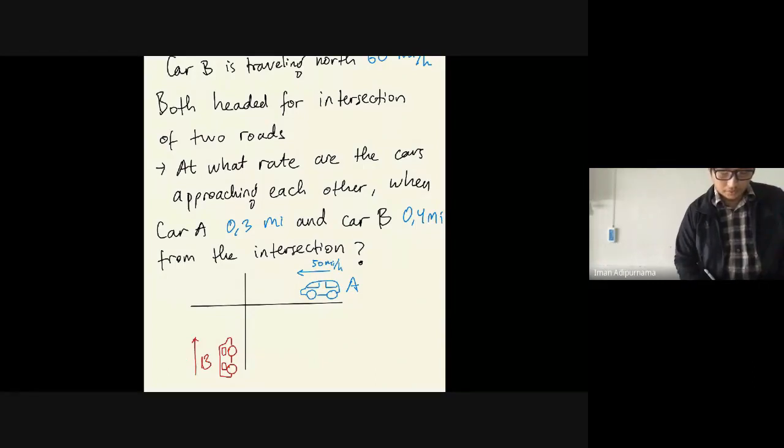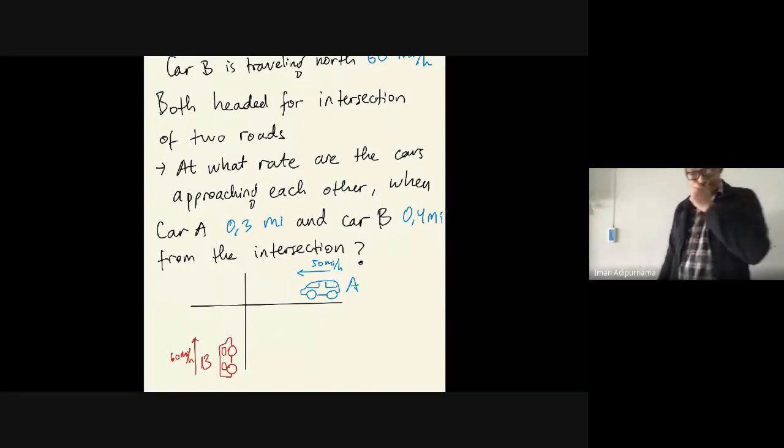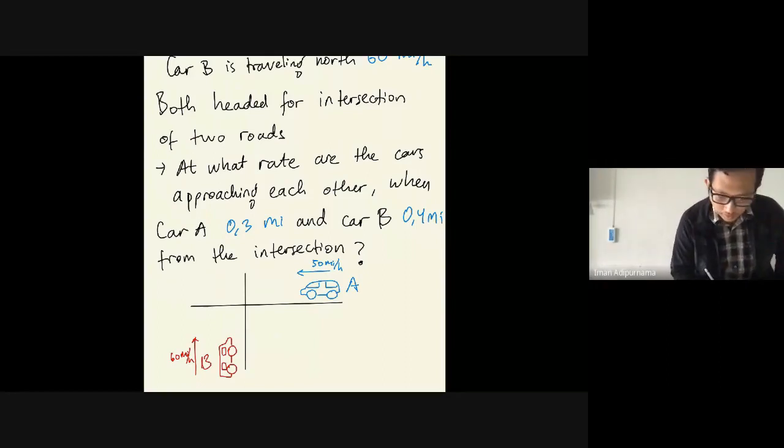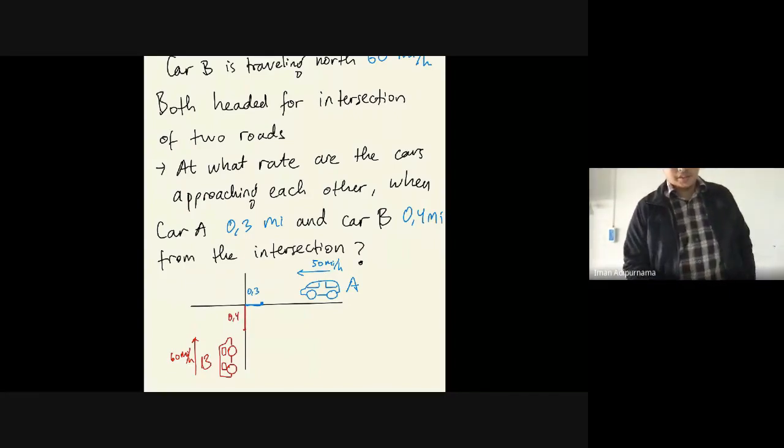This one goes at 60 miles per hour. So the question is asking, when A is 0.3, maybe I will make it here, this 0.3, and B is at 0.4, what is the rate of change?